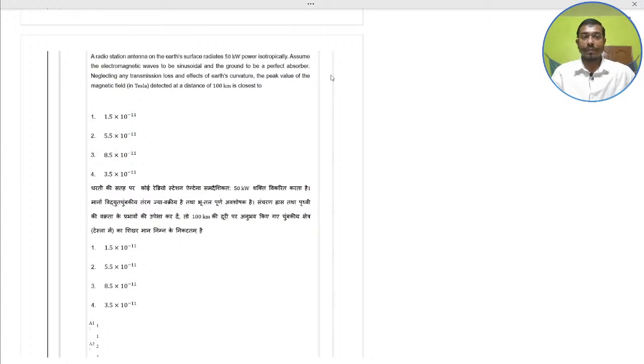Assume the electromagnetic wave to be sinusoidal and the ground to be a perfect absorber, neglecting the transmission loss and effect of the Earth's curvature. The peak value of the magnetic field in Tesla detected at a distance of 100 km is closest to what?